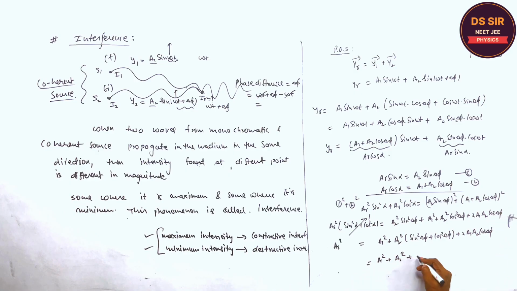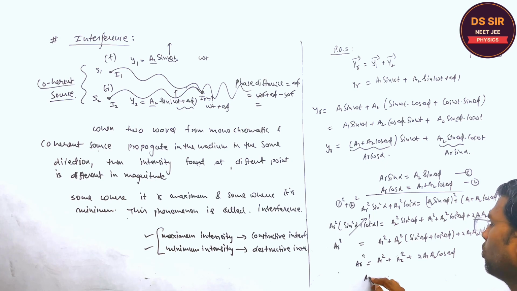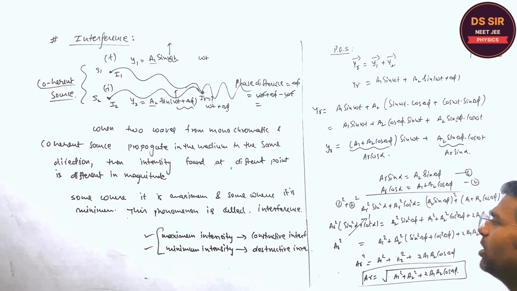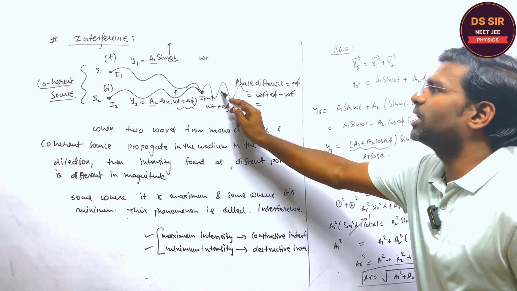So AR square equals A1 square plus A2 square plus 2A1 A2 cos delta phi. Is it clear or not? So what is the resultant amplitude? AR equals root of A1 square plus A2 square plus 2A1 A2 cos delta phi. So this is the resultant amplitude of this resultant wave.